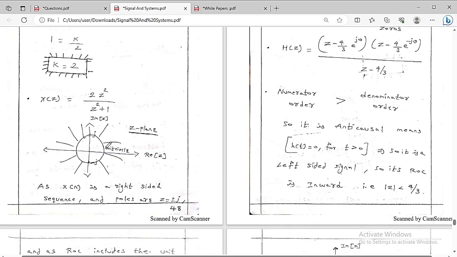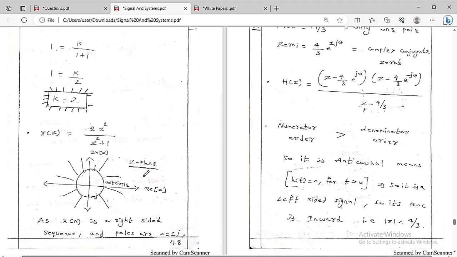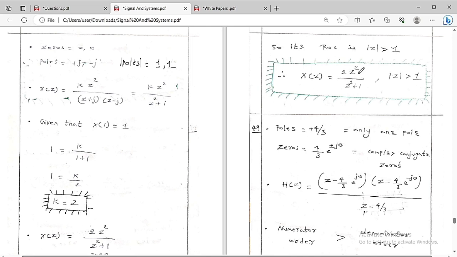They have also mentioned that x(n) is a right-sided signal. As it is a right-sided signal, the ROC is always outward of a circle, so we should not include the poles. The ROC is outward of this unit circle, so |z| > 1.